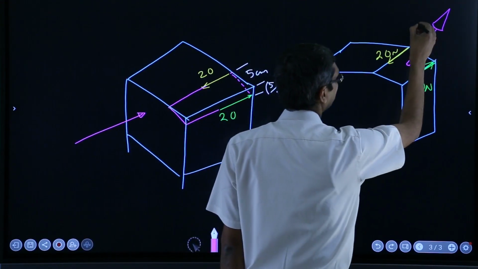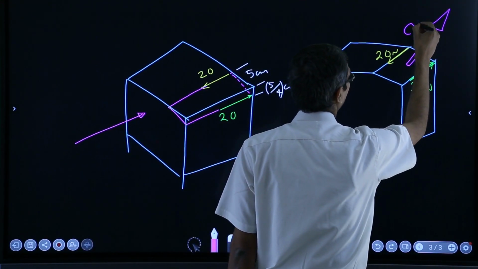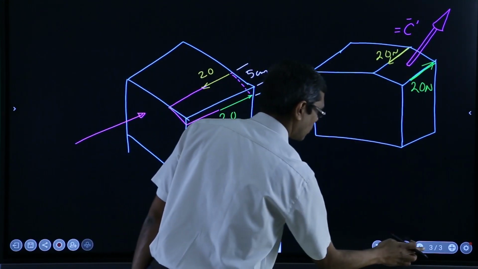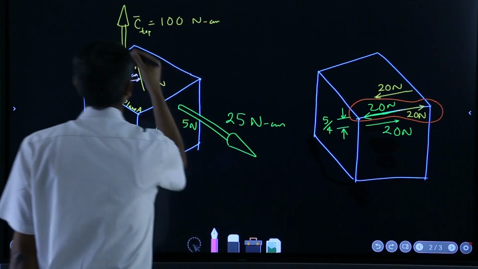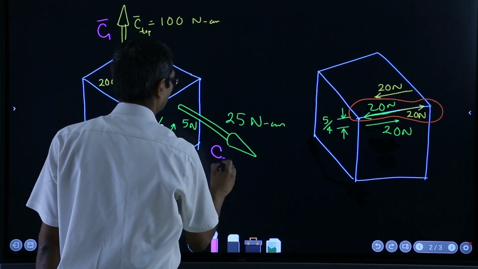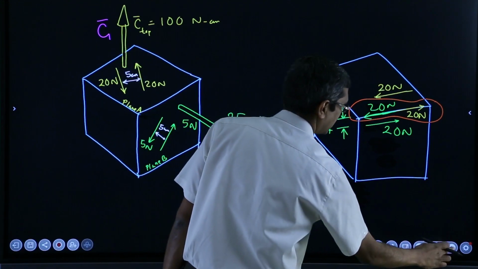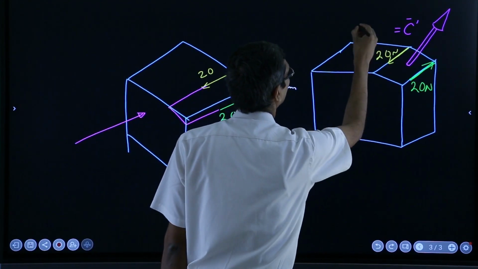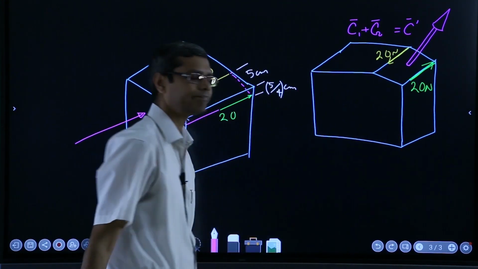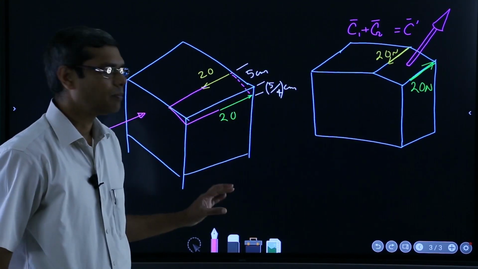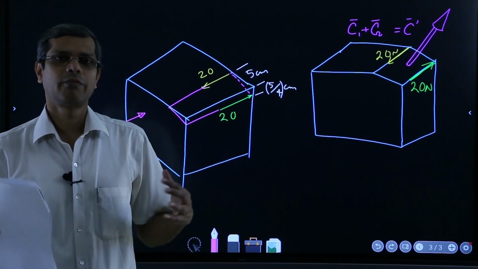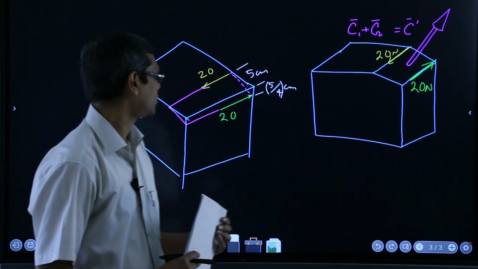So this will be C prime, which will be equal to, suppose I call them C1 and say C2 here, then this will be equal to C1 plus C2. So that's the behind the scene thing which actually happens when multiple couple forces are acting.